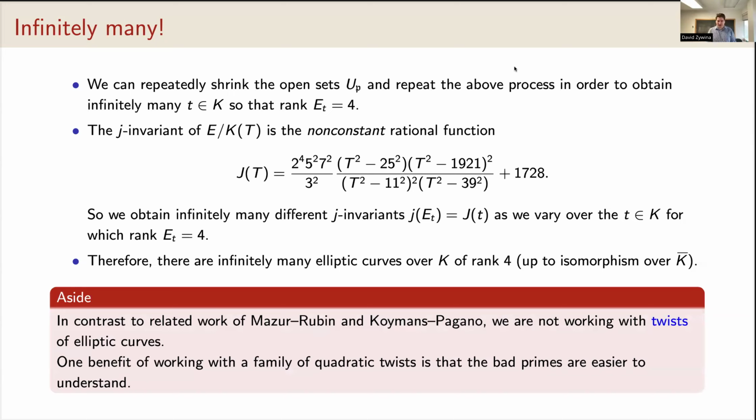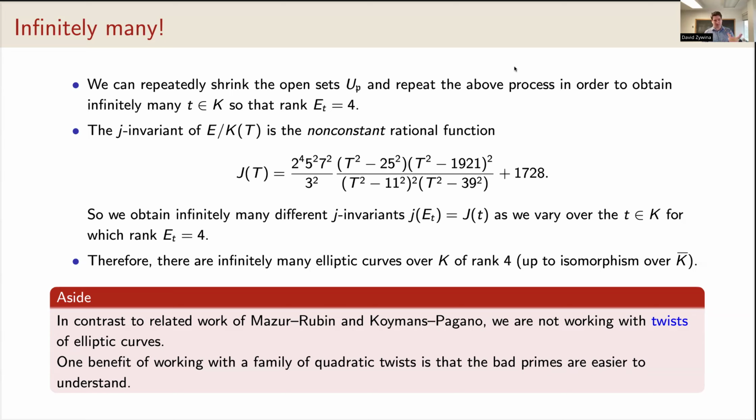And so maybe in contrast to a lot of work, in particular the Mazur, Rubin, and Koymans–Pagano work I mentioned earlier, there's really no twisting going on. In a lot of work on ranks and elliptic curves, you're thinking about twists because they're the most accessible family. There are lots of reasons why, but one reason twists are great is because it makes the bad primes easy to understand.